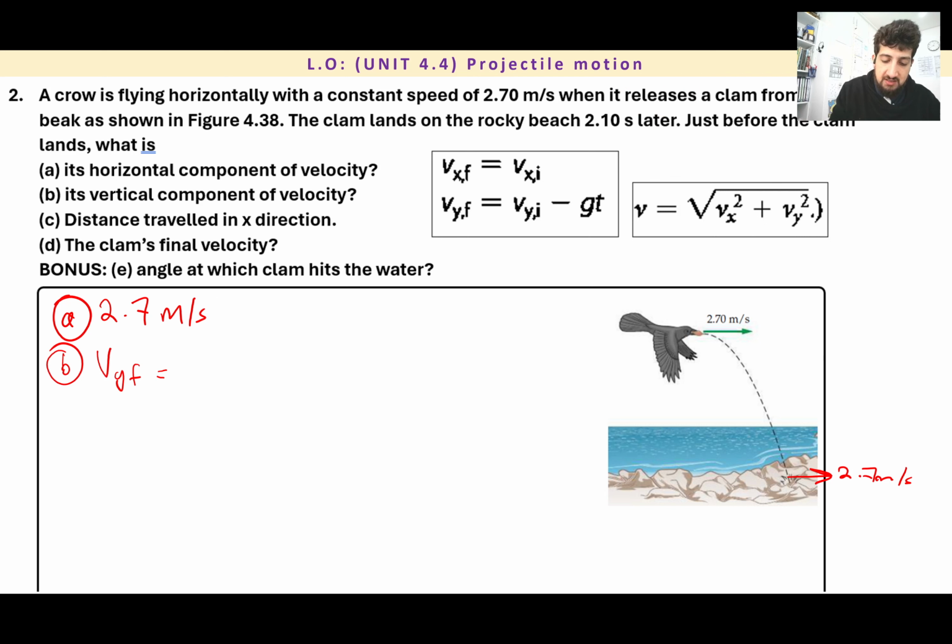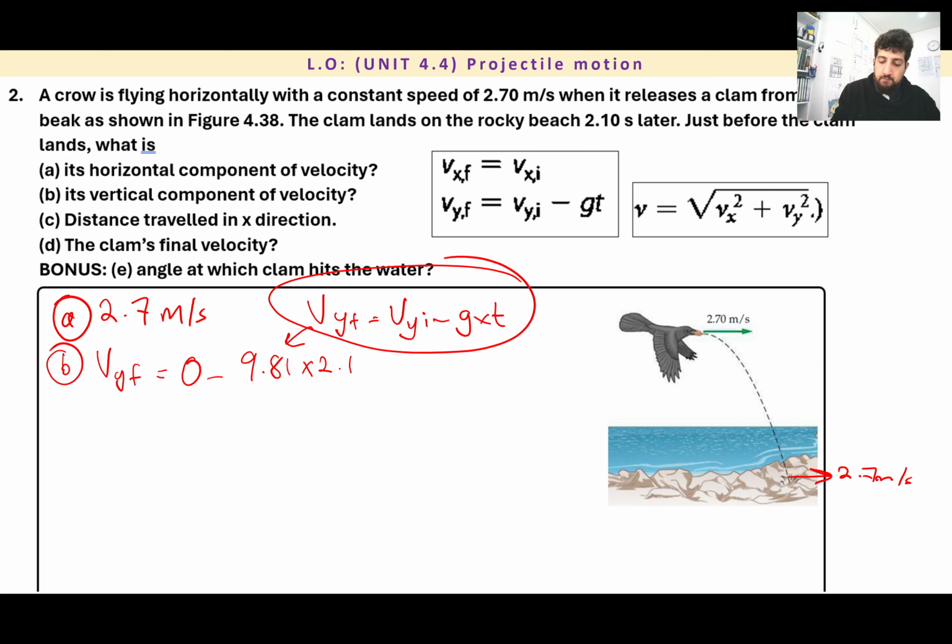So the initial velocity is 0, minus GT, minus 9.81 times T, which is 2.1, because the formula is actually over here. The formula is VYF equals VYI minus G times T. That is the formula.